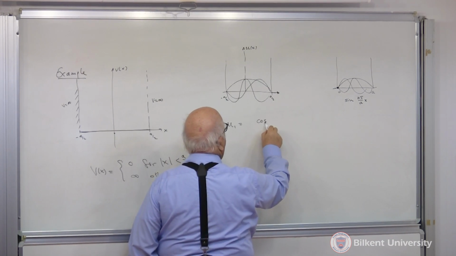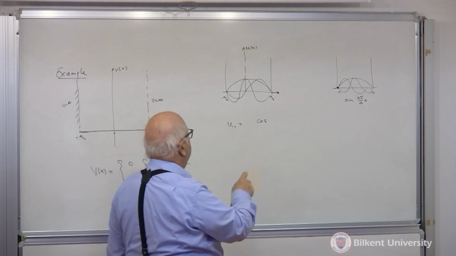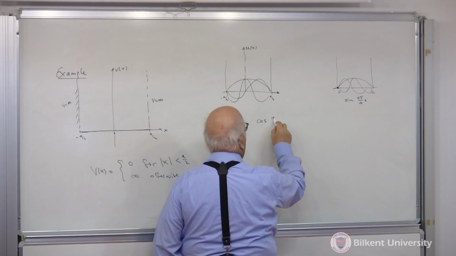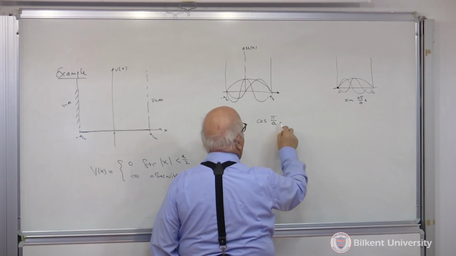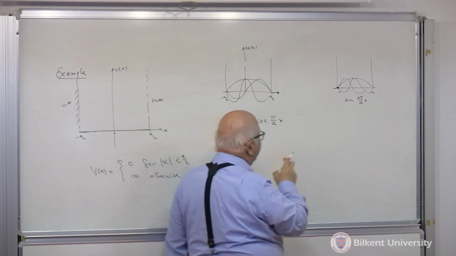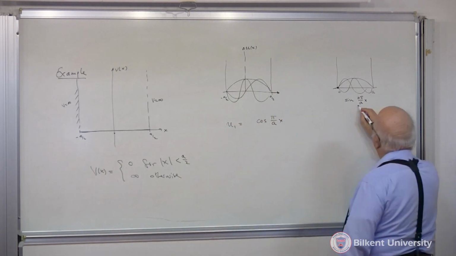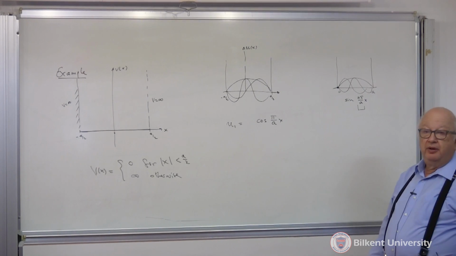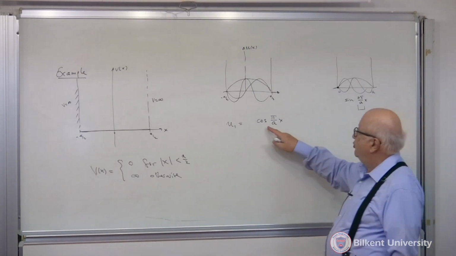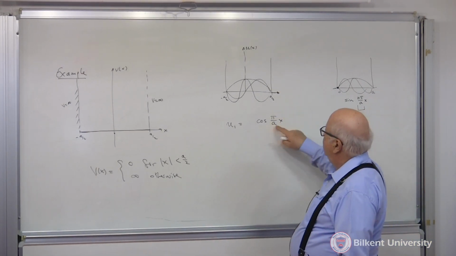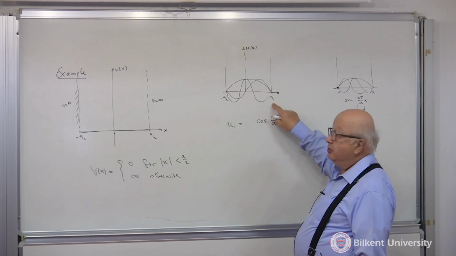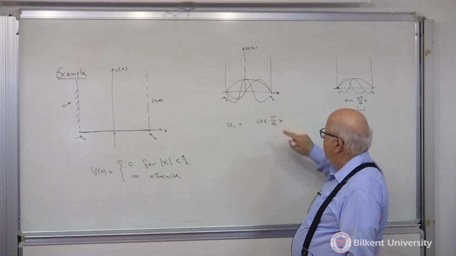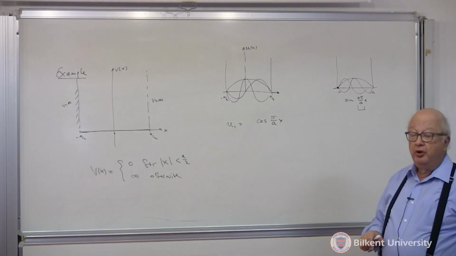Cosine, right? It's going to be pi over a x again. So the k part, the part which represents the wavelength, doesn't change. But now this has to go to 0 at plus or minus a over 2. So I need cosine of pi over a times a over 2.